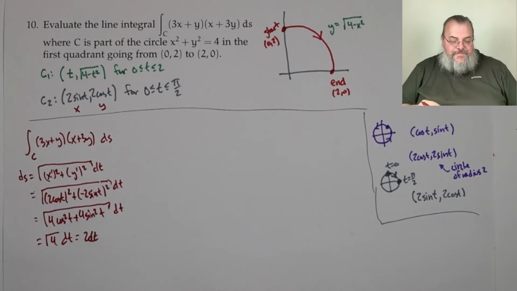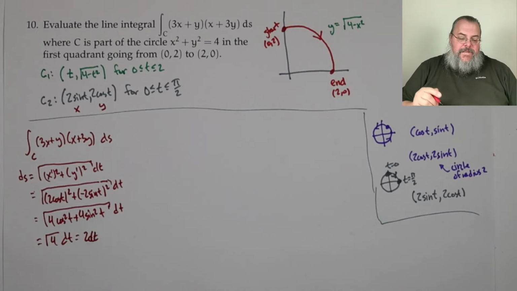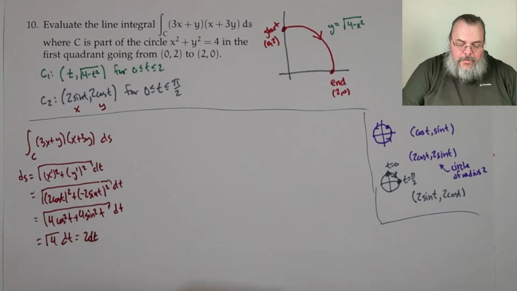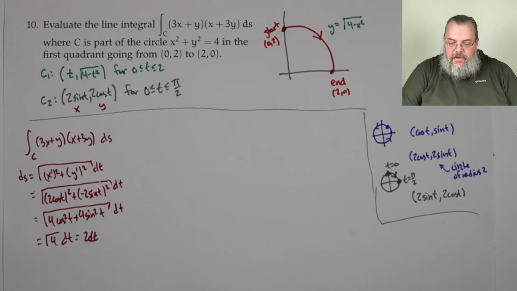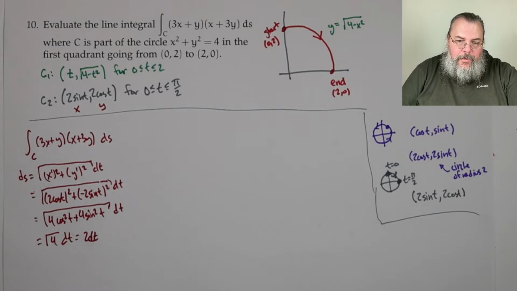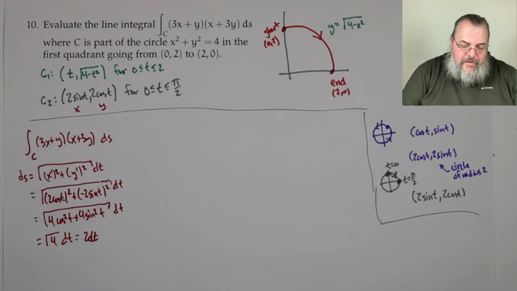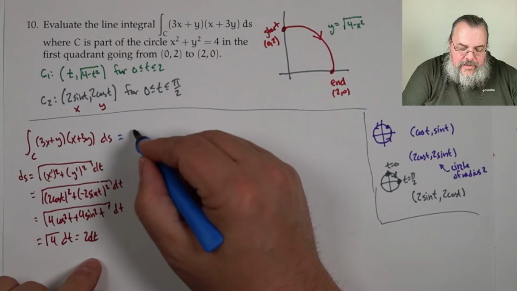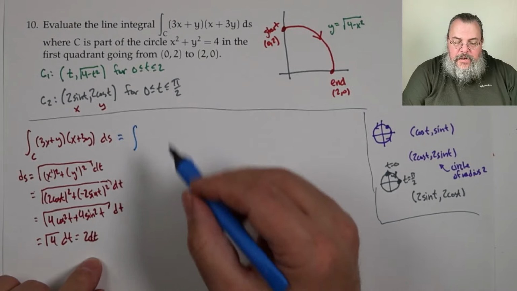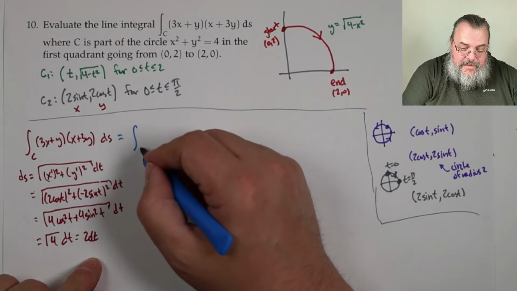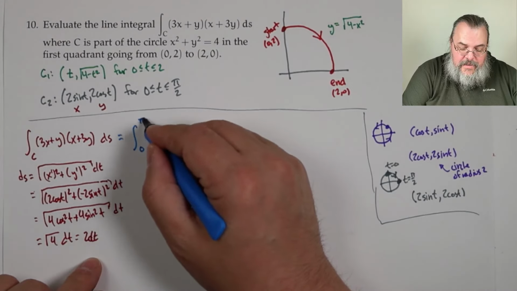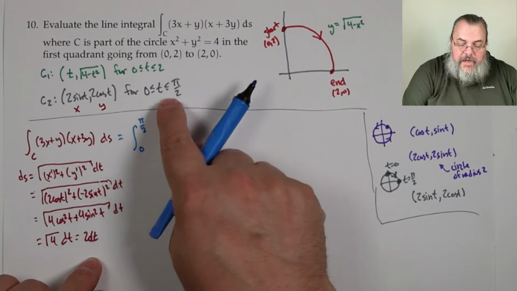We approve. Okay, so with that in place, here we go. This is equal to the integral from 0 to pi over 2, because those are our t-bounds.